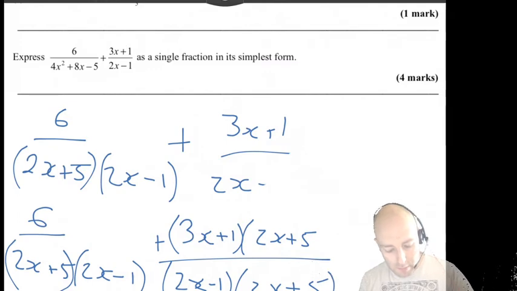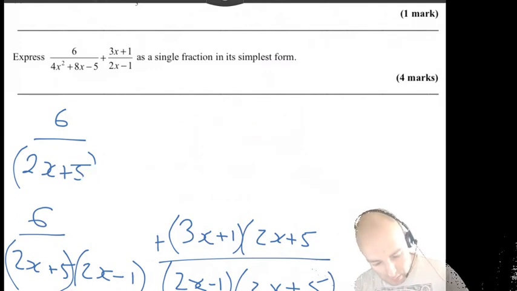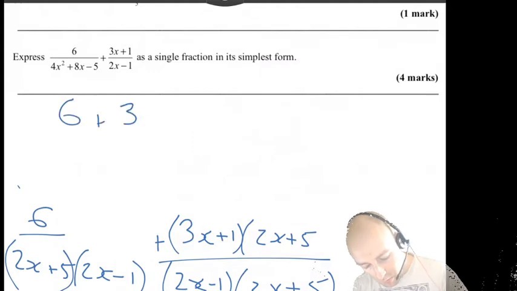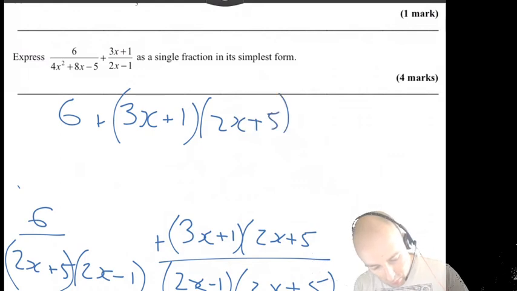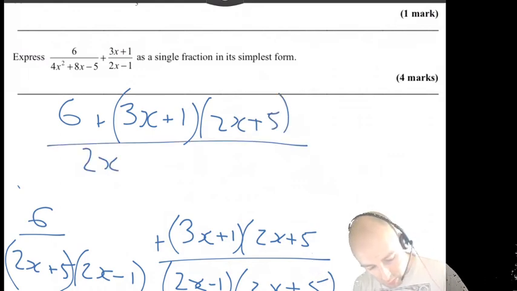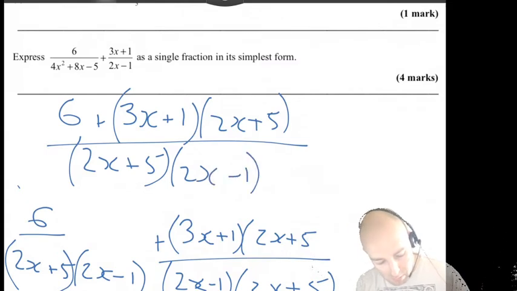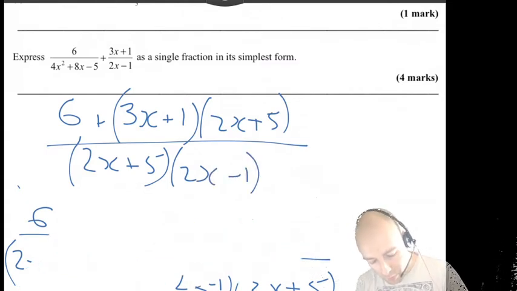And then we're going to add these fractions together to get 6 plus 3x plus 1, 2x plus 5 over 2x plus 5, 2x minus 1. Cool. So we have a single fraction.